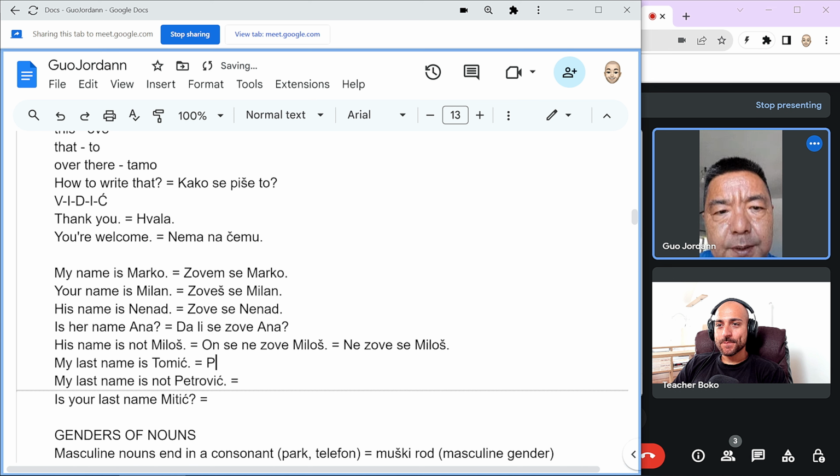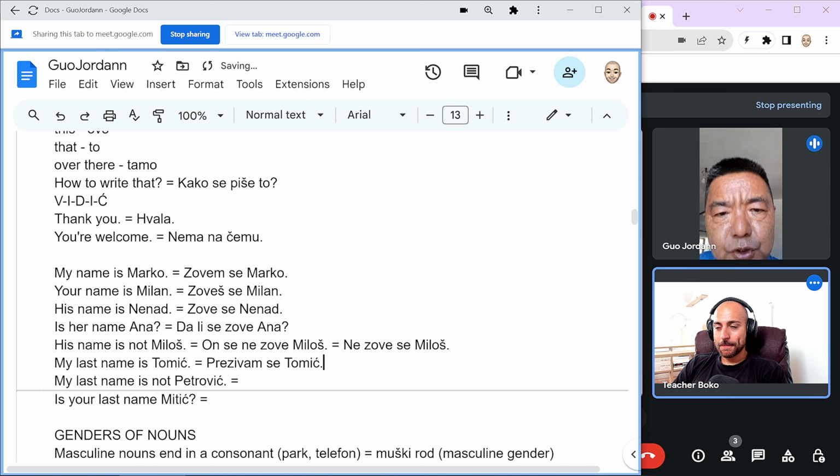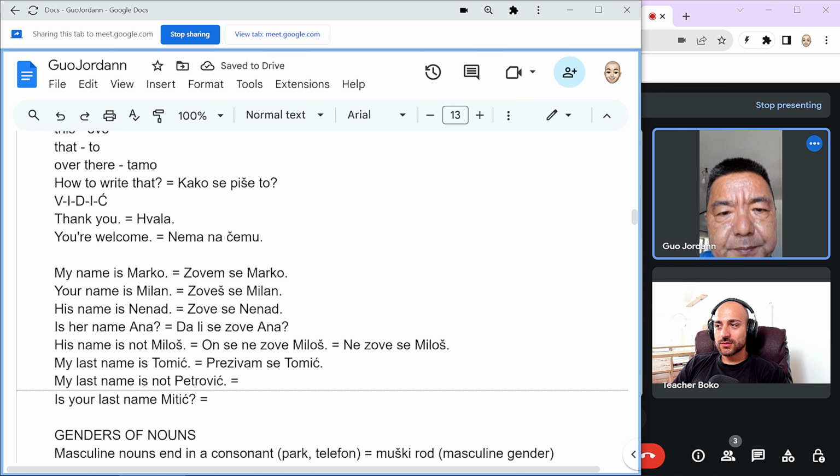Prezivam se Tomić. Tomić. Da. Ne, ne prezivam se Petrović.